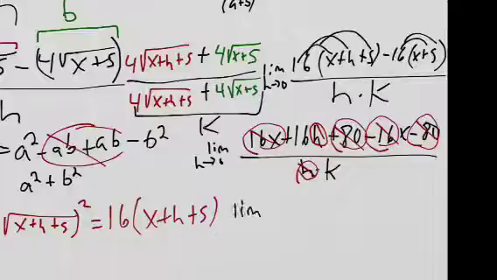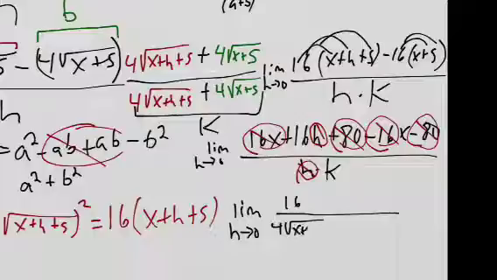So we have the limit as h approaches 0 of 16 over 4 root x plus h plus 5 plus 4 root x plus 5. And now since we've canceled our h, we can plug in 0 for h.